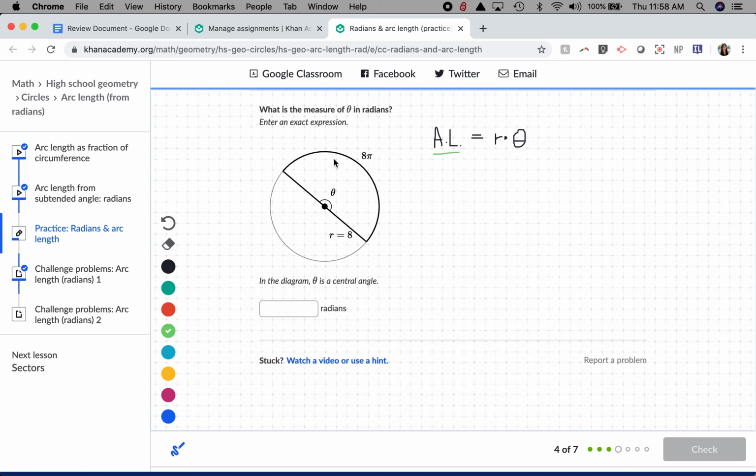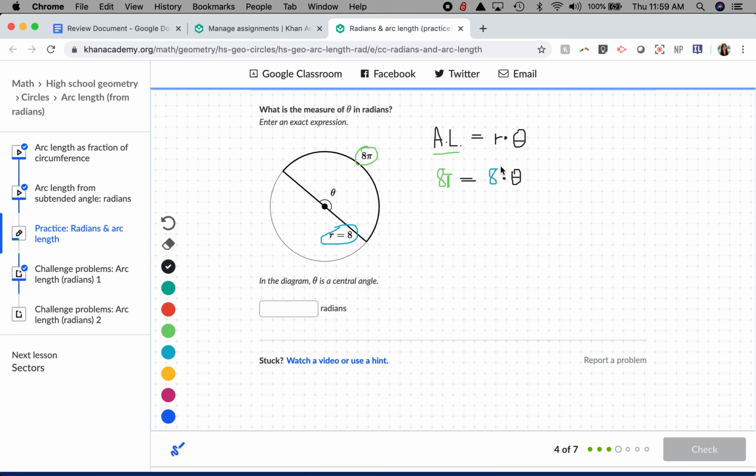The arc length is given to us as 8 pi. And that is equal to, we are given the radius. The radius in this case is 8. And theta is what we are looking for, so I'm still multiplying this by theta.